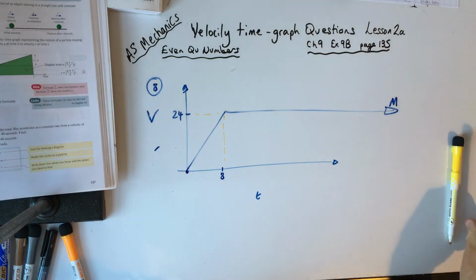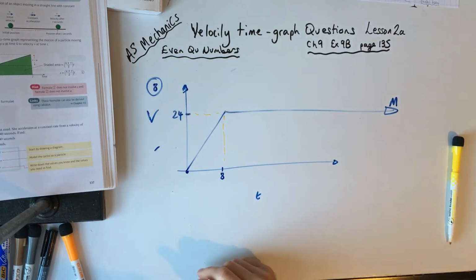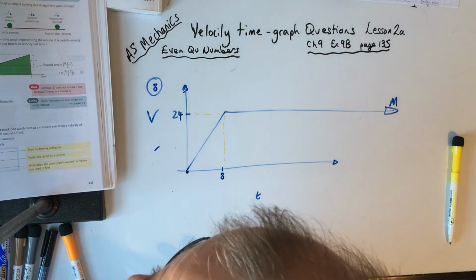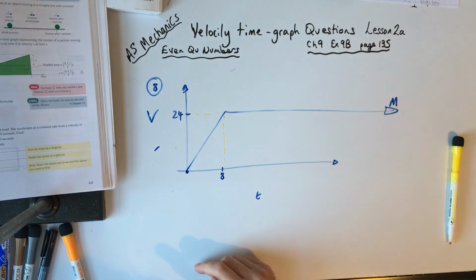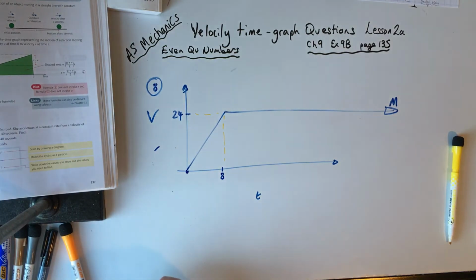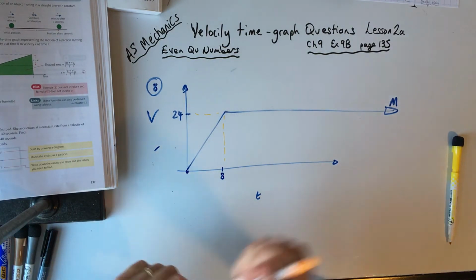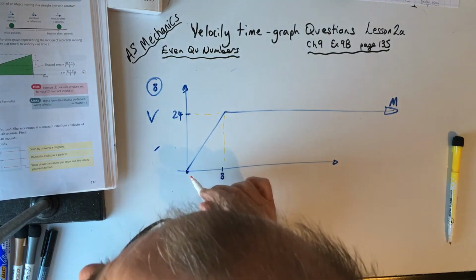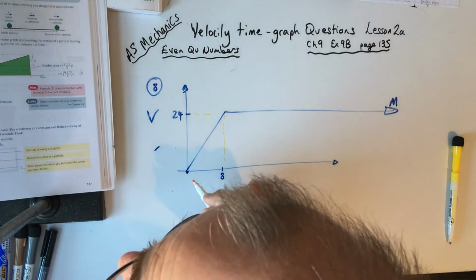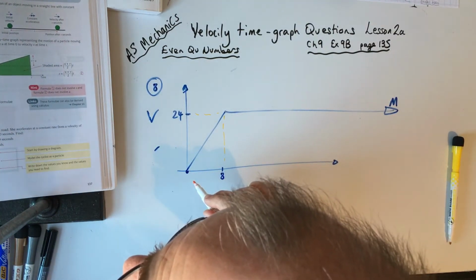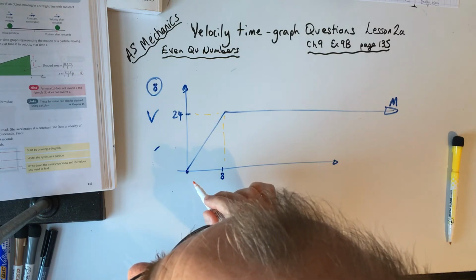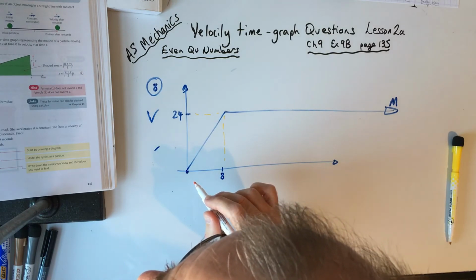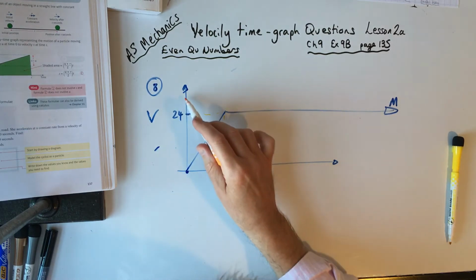But it says there's another one. Oh, this is exciting. A car C leaves the same road junction at t is 0. So at the same time, let's get a different colour now. The car accelerates from rest to 30 meters per second, so faster than her.